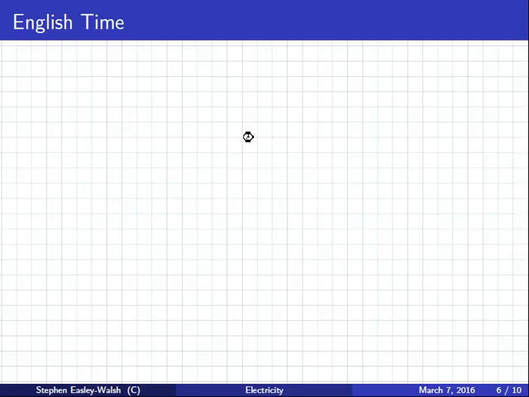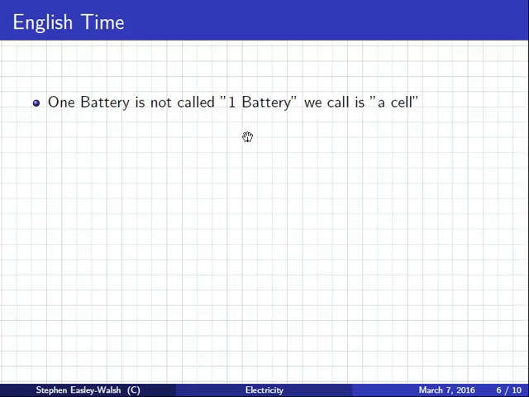Okay, so, one battery is not called one battery. It's called a cell. Very good. Do you want to tell me the next part? Two or more cells is called a battery.